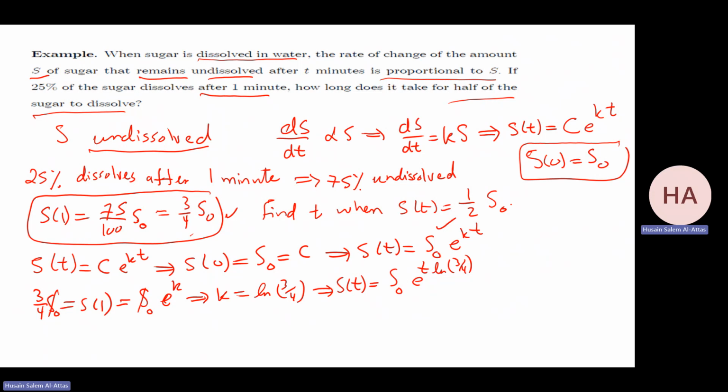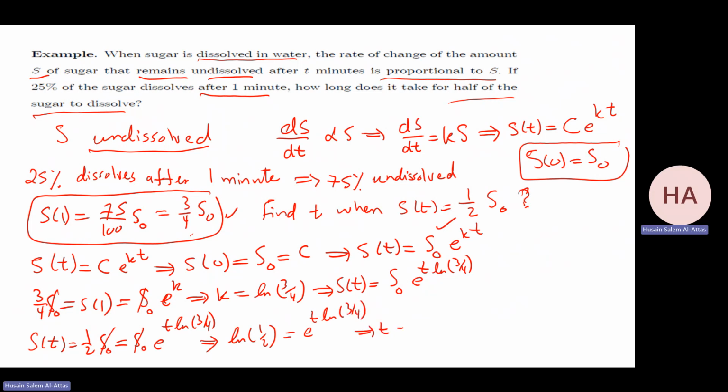Now I need to do this. When S of t equals half S of 0, I need to find the time. That means S of 0 cancels, take ln, so ln half equals t ln 3 over 4.